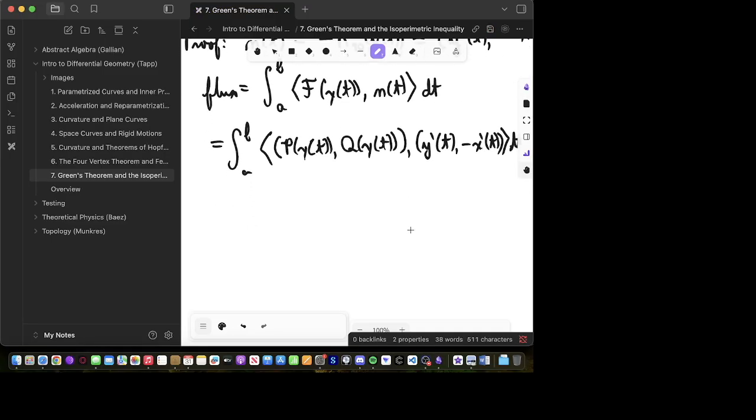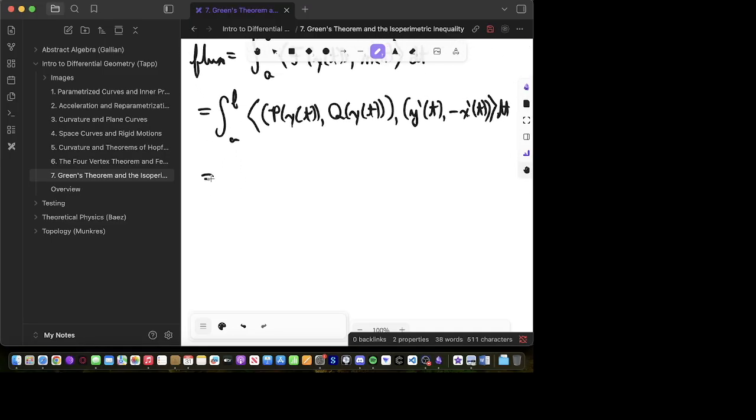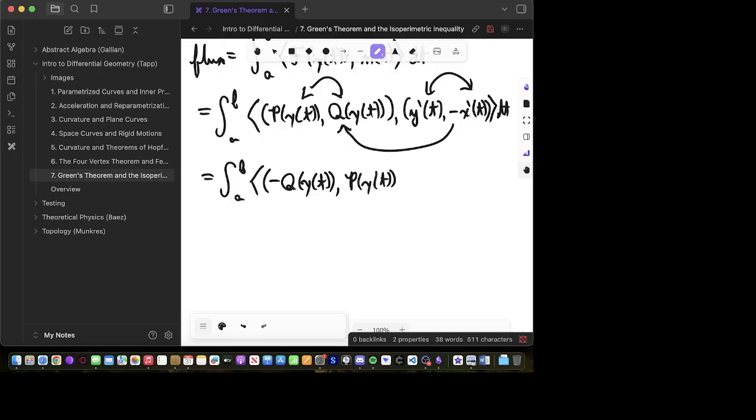However, if we rearrange the terms of the inner product, if we swap the terms like this, and then put the negative over here, we get negative q of gamma of t, p of gamma of t, and then x prime of t, y prime of t, dt.